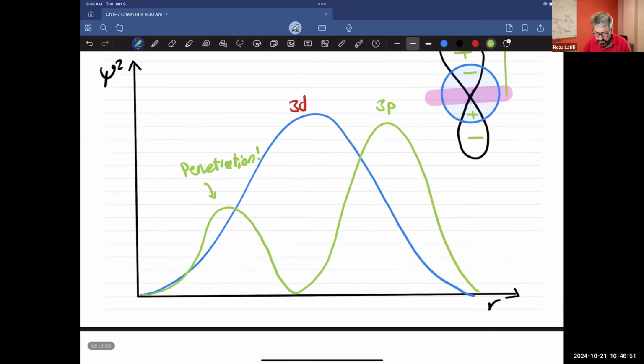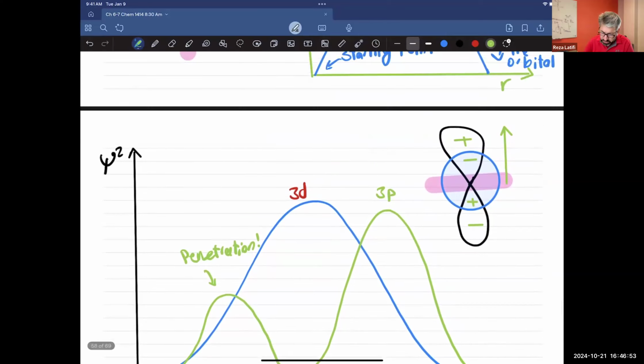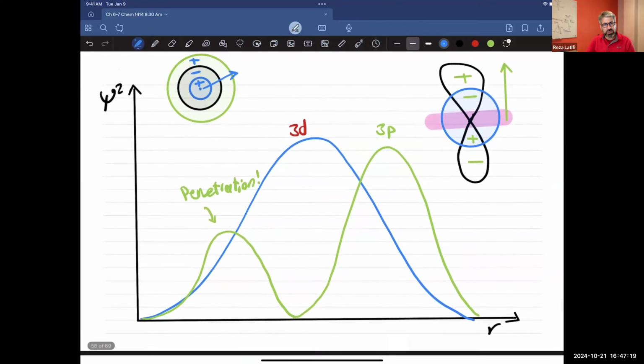Now, if you show the 3s orbital, it will be like this. So we have a nucleus, 1, I go 2, say this one goes positive, negative, positive. And if I move radially outside of the nucleus, I get 3 bumps.